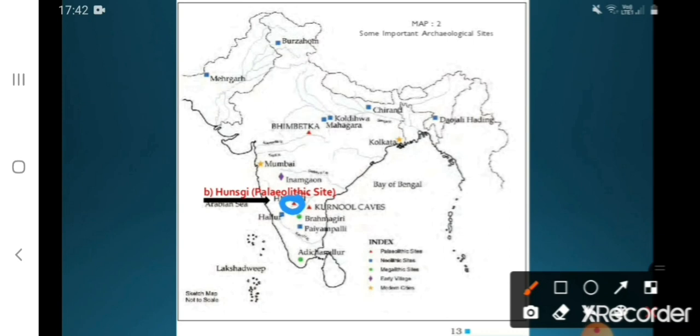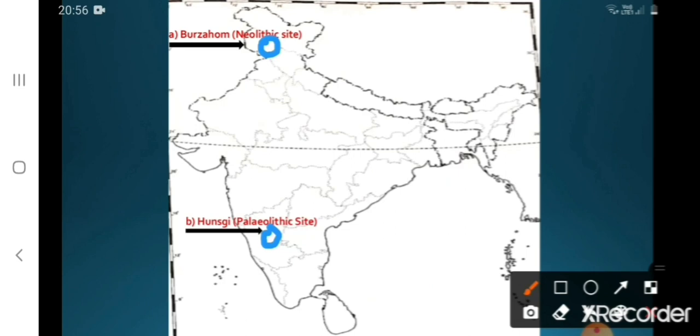Now children, let us see again how we have located these places. We located Burzahom, a Neolithic site in present day Kashmir, and Hansgi, a Paleolithic site in Karnataka. I hope children you have understood how to locate the places on the map.